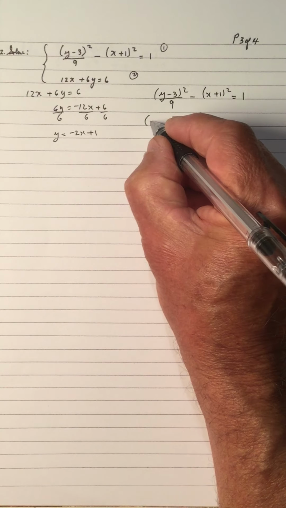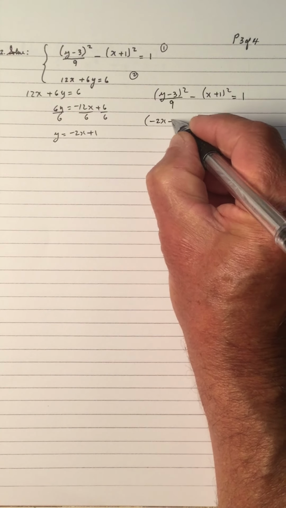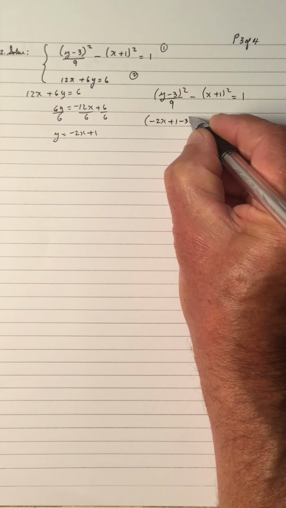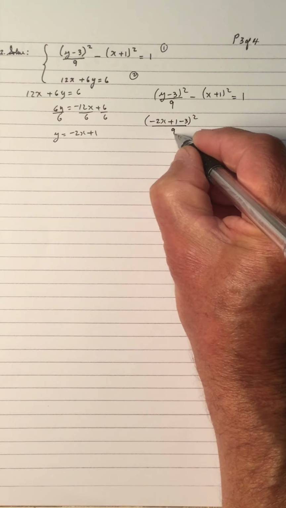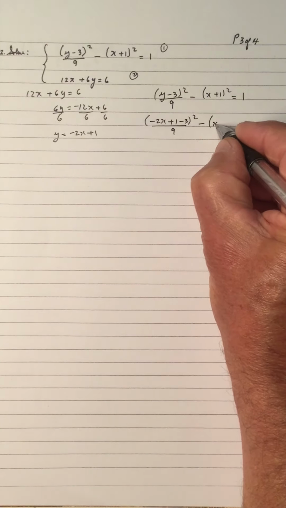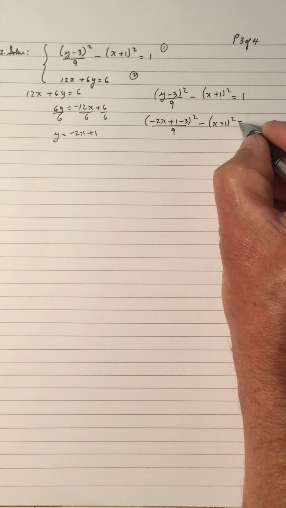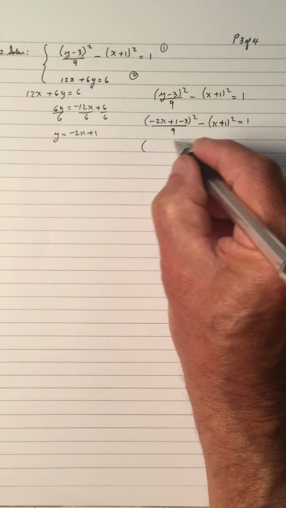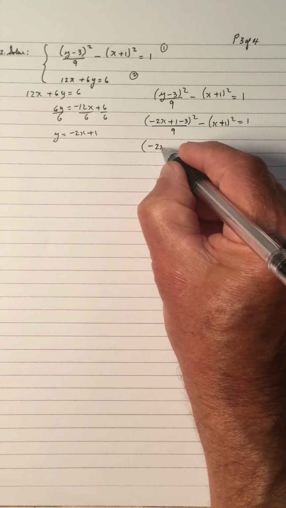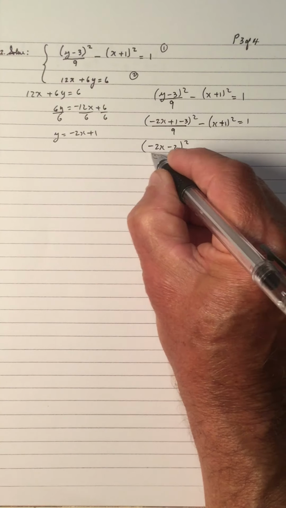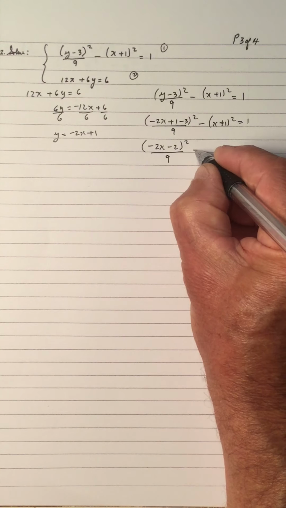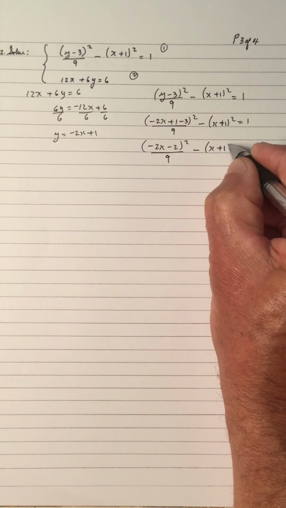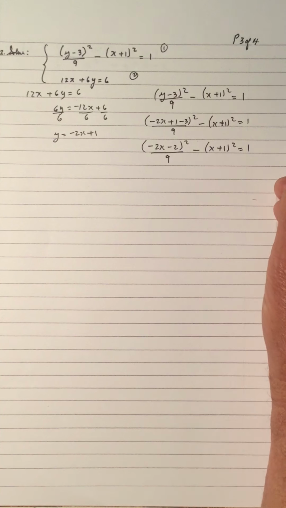So (negative 2x plus 1 minus 3) squared over 9 minus (x plus 1) squared equals 1. And we simplify the bracket, so we'll get (negative 2x minus 2) squared over 9. And we write down the remaining part.